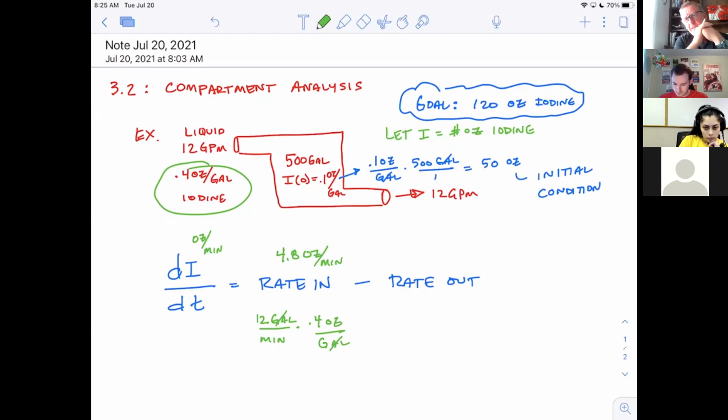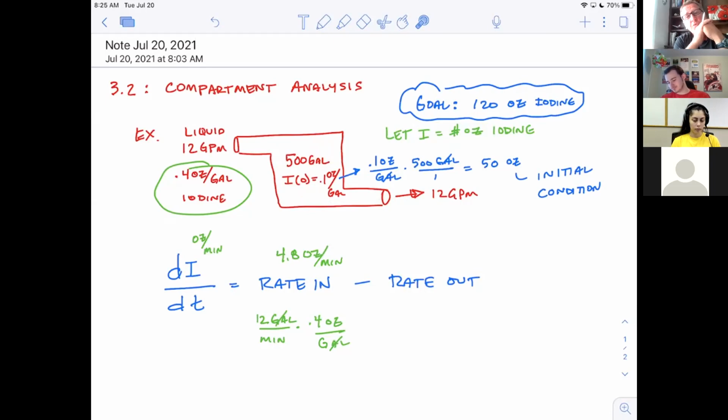Does it make sense? It comes in, and again, as I mentioned the other day, we're going to assume it mixes completely. If iodine was really heavy in the picture that I drew, for instance, it could come in, drop to the bottom of the tank and go out while the liquid over here never even mixes with it. Does that make sense? We're just going to assume we're stirring it, so it ends up uniform.